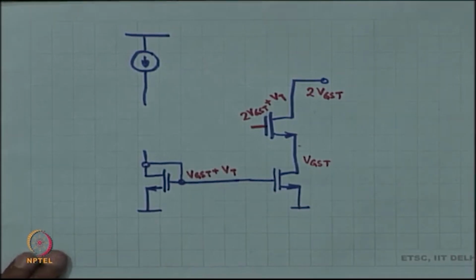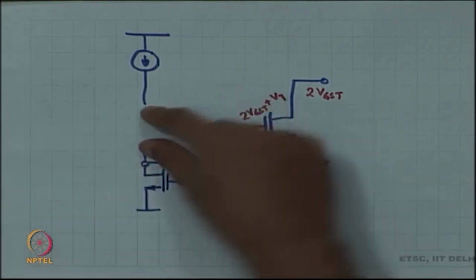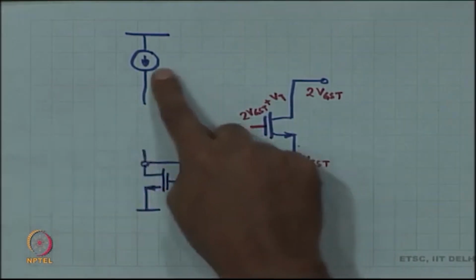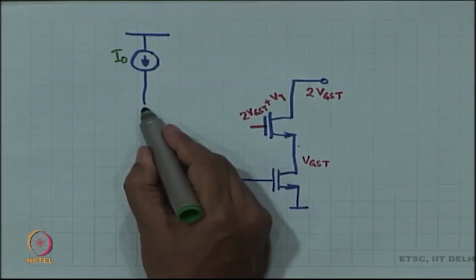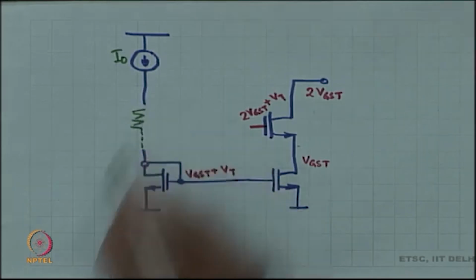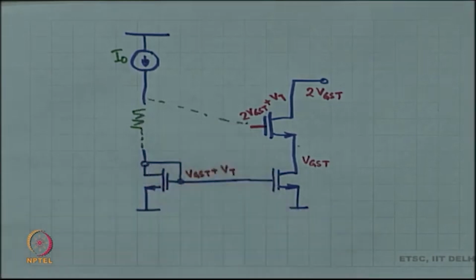Okay. So, one very easy way is to place a resistor over here, right, of value VGST by I naught, and hook this up.